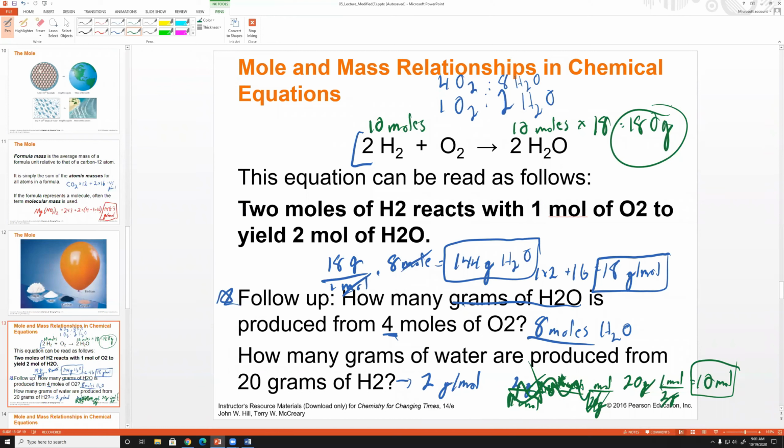The final answer is 180 grams, because it's asking for how many grams of water is produced. So we have to compare the H2 and the H2O in the equation. You know that there's 10 moles of H2, which means there must be 10 moles of H2O produced. And then you multiply that by the molar mass of H2O to get 180.